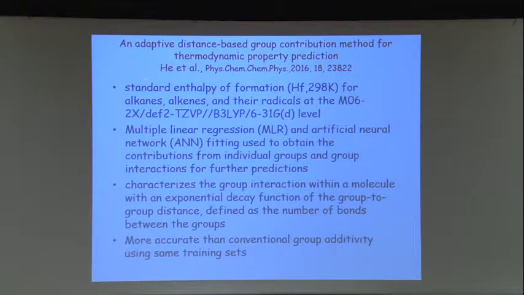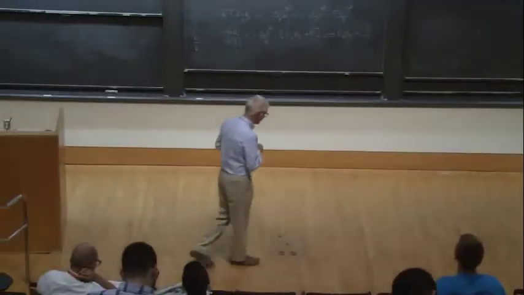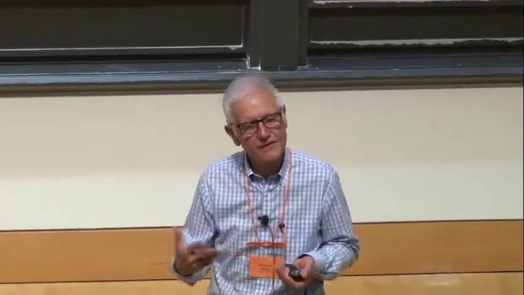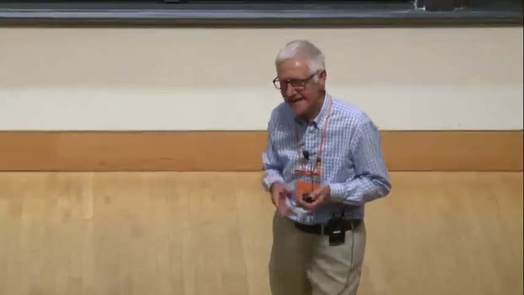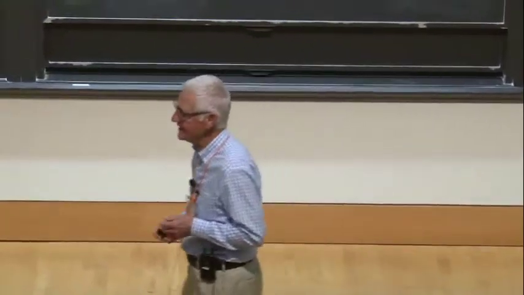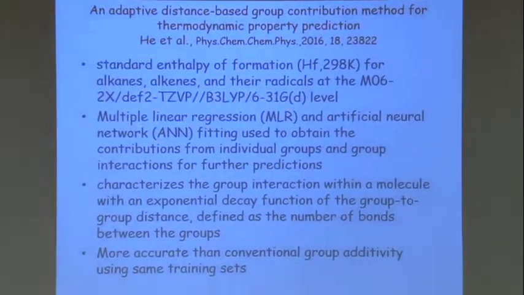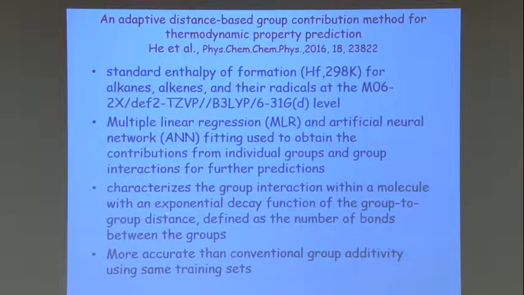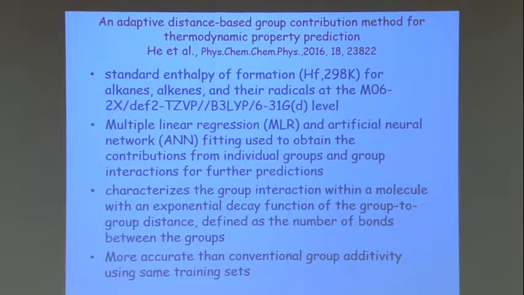And then one of the other things that is done is to use what's called group properties. Have you come across the use of group properties in thermodynamics? Anyone? Yes. Okay, so this is a newer way of doing it, using a variety of approaches and characterizing the group interaction within a molecule with an exponential decay function from group to group distances.